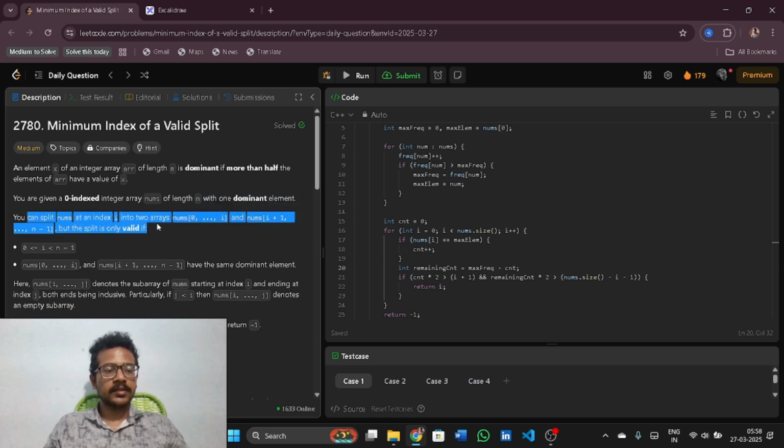You can split nums at index i into two arrays, 0 to i and i plus 1 to n minus 1. But the split is only valid if i is greater than or equal to 0 and less than n minus 1, and nums of 0 to i and nums of i plus 1 to n minus 1 have the same dominant element.